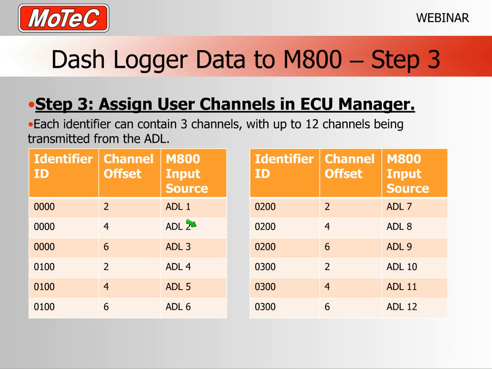That's the way it's set up in the ADL. But when it comes into the M800, it's simply called ADL number 2. And again, if we had up to 12 channels, we would have created each of these channels and messages using the identifier and the offset, as we described previously. And this would give us up to 12 channels into the ECU.